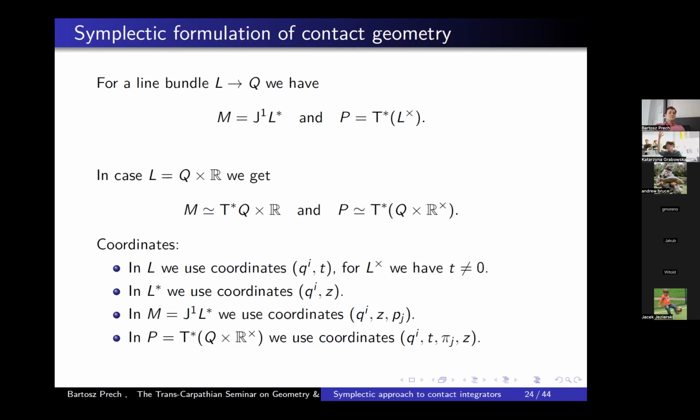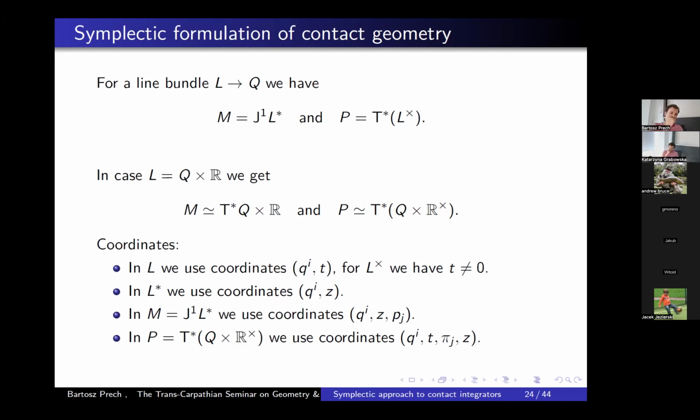This is why the star is needed. You start with L, you pass to the cotangent bundle, and you remove the zero section. That's a bit tricky to show actually, and one has to understand the structure.